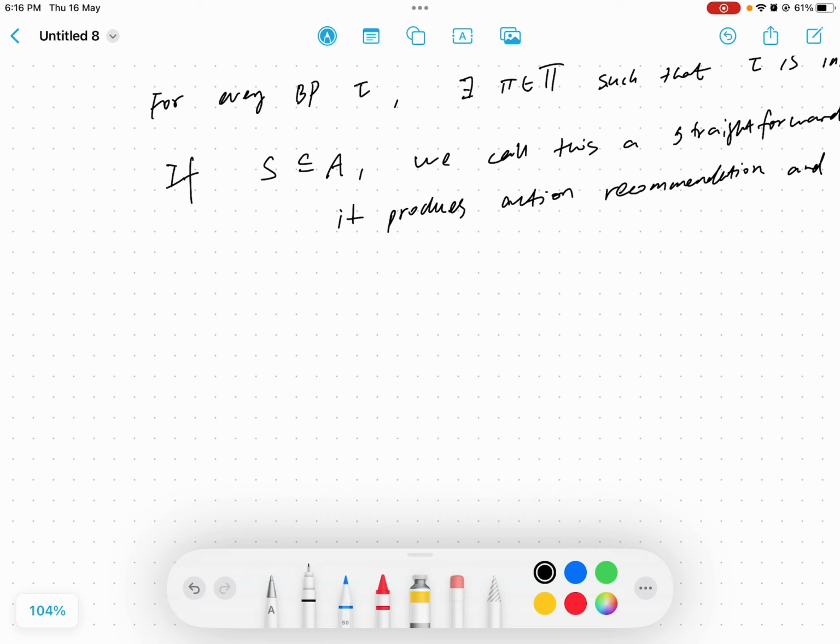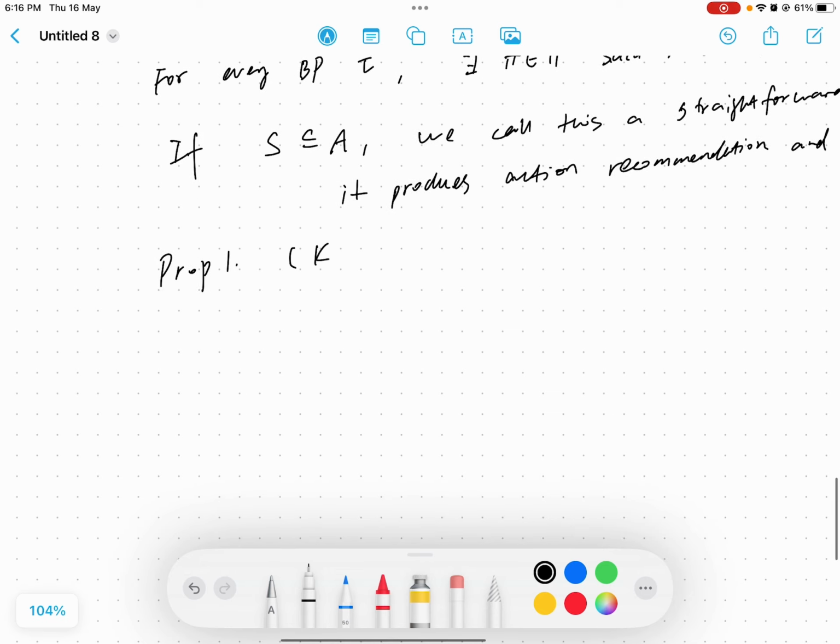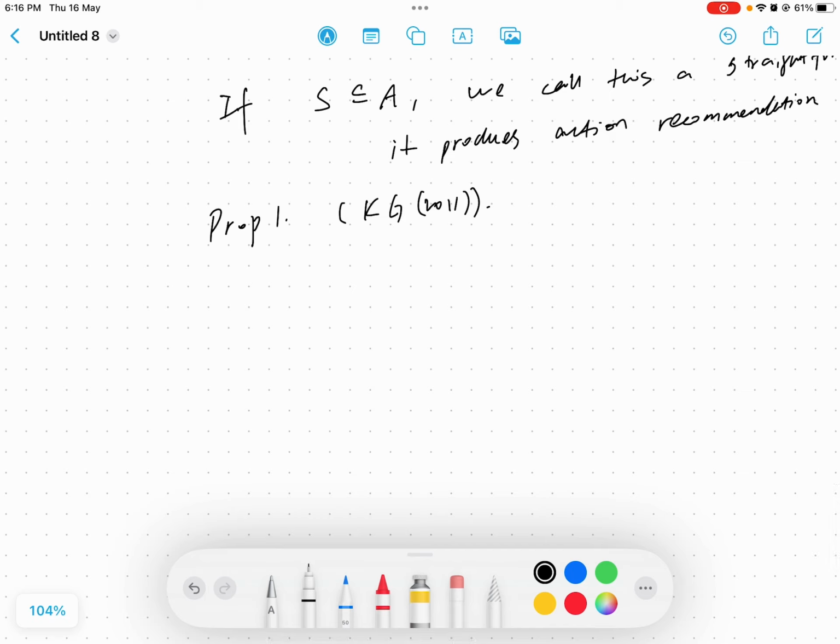Okay, now let's discuss the main proposition, proposition 1 in the paper by Kamenica and Gentzkow 2011. All right. So essentially, they're saying that the following 3 arguments are equivalent. Okay.